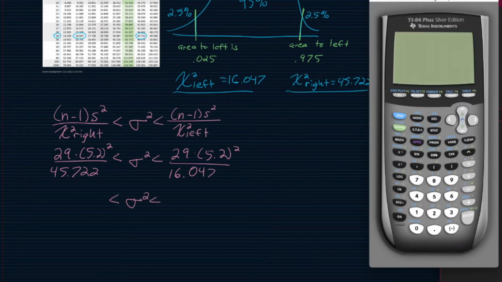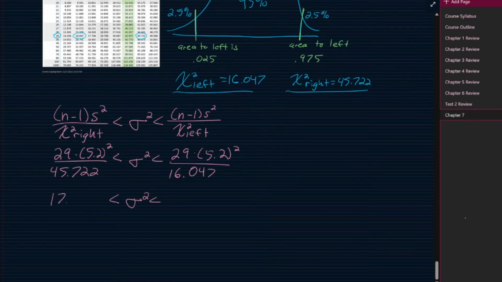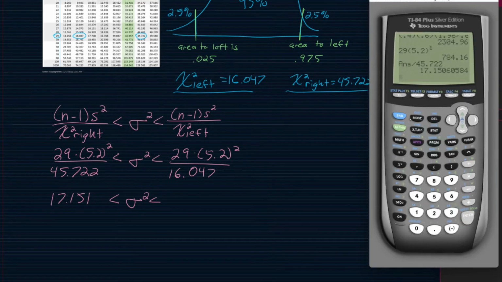So the lower bound, 29 times 5.2 squared, and then divided by 45.722. We end up getting 17.151, I guess. And our upper bound, it's the same numerator, which I calculated to be 784.16.